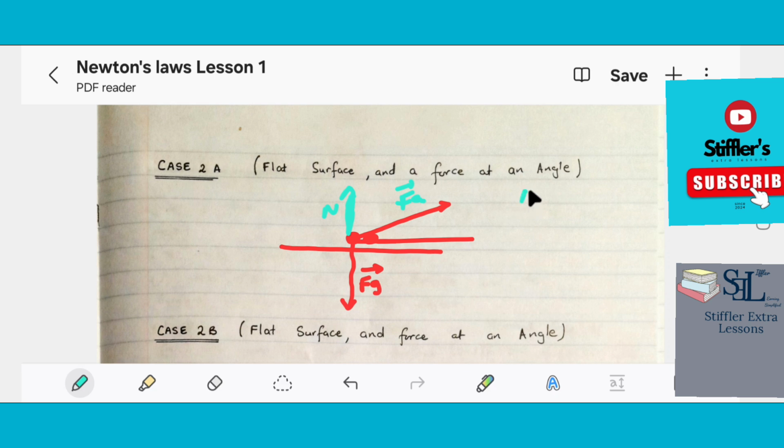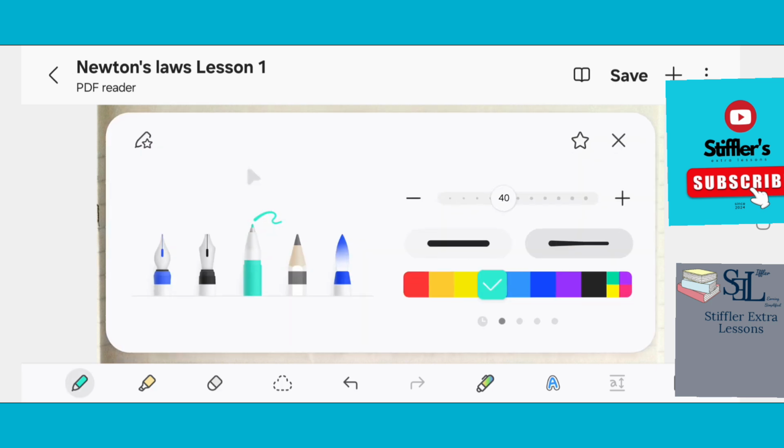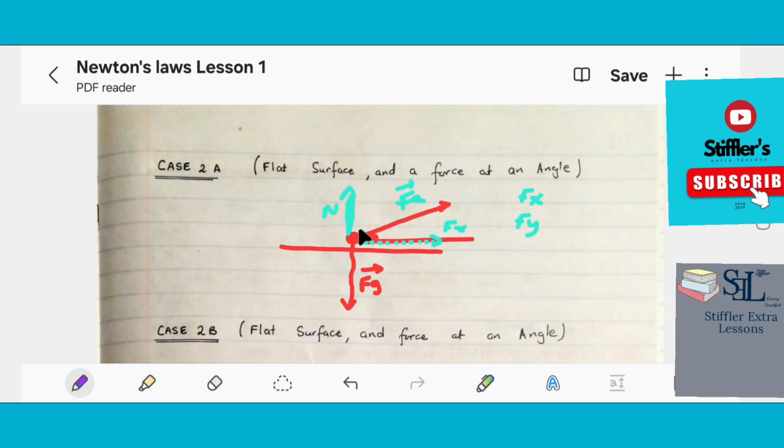It will have F at X and it will have F at Y. So F at X is the force that will act parallel to the plane. This will be our F at X, and this object will also have the F at Y. So the F at Y is this force that will act upwards like that, right? So this is our F at Y.